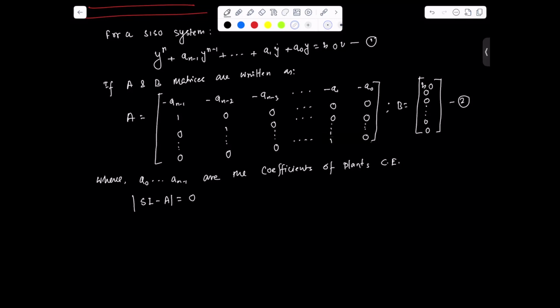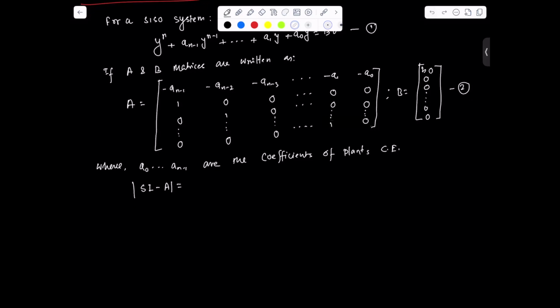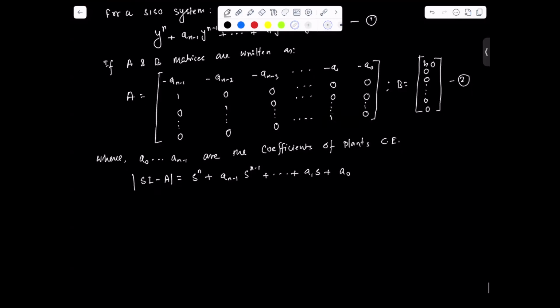Or we can write s to the power n plus a n minus 1 s to the n minus 1, dot dot dot, plus a1 s plus a naught. Let us define this as equation number 3. So the coefficients of this characteristic equation are being used for finding the A matrix.